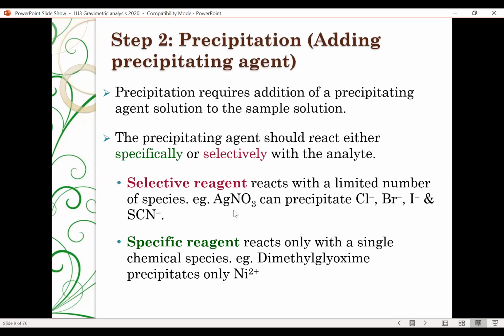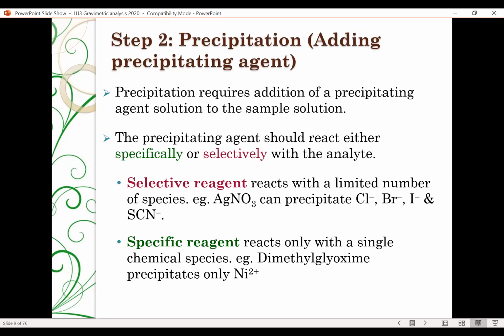For example, this precipitating reagent, silver nitrate, can precipitate chloride, bromide, iodide, and cyanide. Whereas, when we talk about specific reagent, it only reacts with a single chemical species. For example, DMG, it only precipitates nickel 2+, no other species.